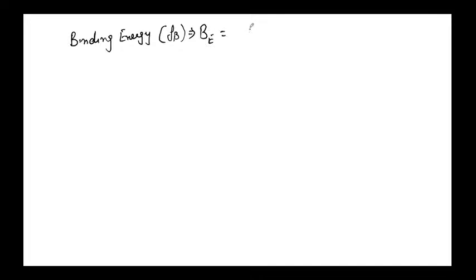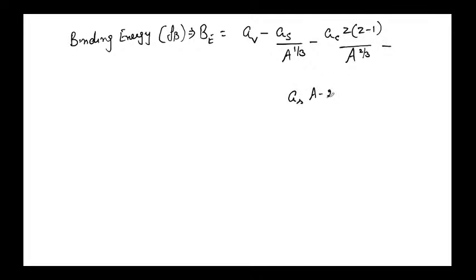So it is the sum of volume energy, surface energy, Coulomb energy, Z(Z minus 1) over A to the power 1/3, minus asymmetry energy (A minus 2Z) square over A square, plus pairing energy. So this is the expression which we have derived for binding energy.